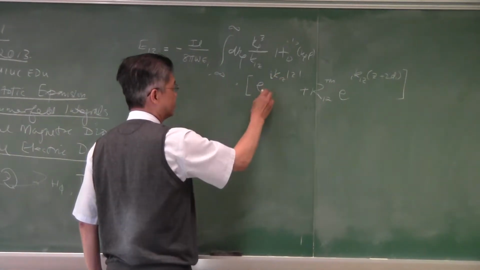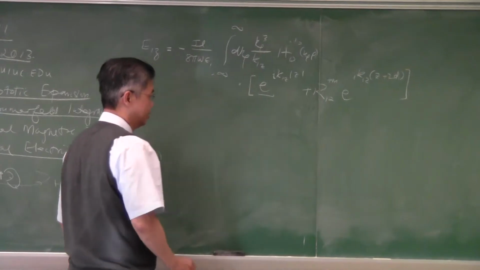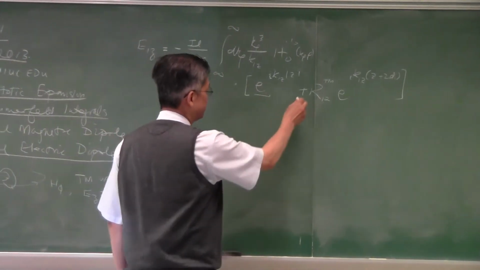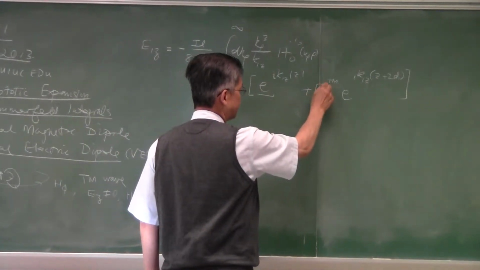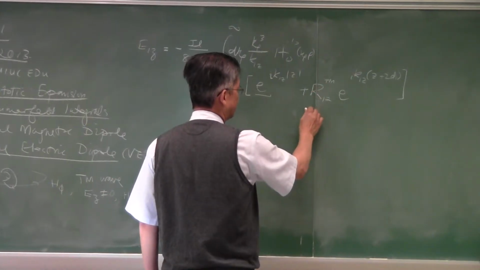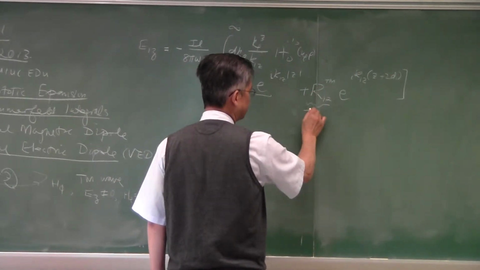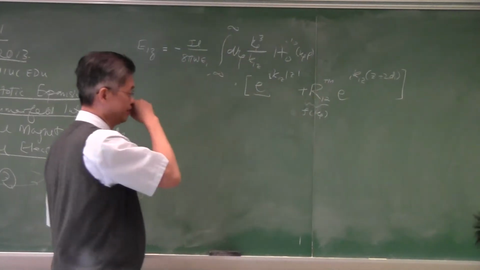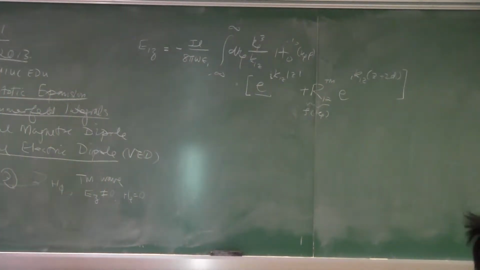The direct field term is quite simple. I'm sure that you know how to get it back to the analytic solution for the direct term. But the reflected term can never be evaluated in closed form because of this complicated reflection coefficient. This is a complicated function of k_ρ. There's no way you can have this evaluated in closed form.